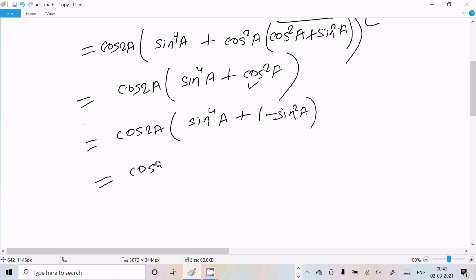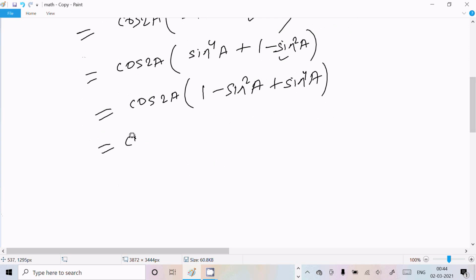Now here cos 2a, and 1 I write first, thereafter sin^4 a, thereafter going to write sin^2 a and sin^4 a. Now what I'm trying to do here is take sin^2 a common, minus sin^2 a. So in this place 1 comes, and here minus is taken, so this is now changed to minus and sin^2 a comes.